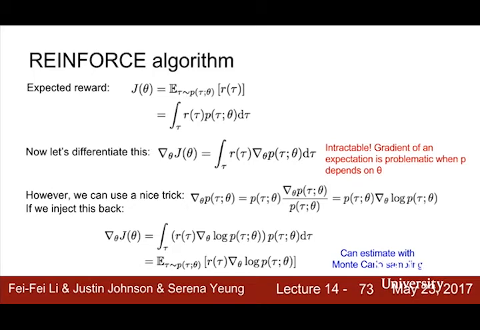And so what we've done here is that we've taken a gradient of an expectation and we've transformed it into an expectation of gradients, right? And so now we can use sample trajectories that we can get in order to estimate our gradient. And so we do this using Monte Carlo sampling, and this is one of the core ideas of REINFORCE.